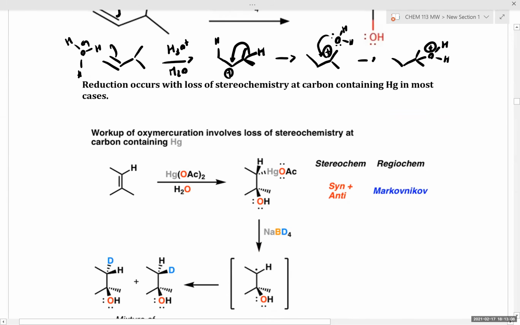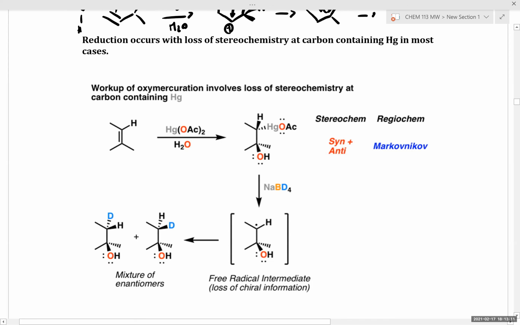Okay, so to answer the question of why do we get a racemate during the reduction step? Generally when you reduce this alkyl mercury, we see a loss of stereochemistry at the carbon containing your mercury atom. That is because you're typically going through a radical intermediate, and this radical intermediate can be approached from either face and can be engaged with on either face. And as a result, we would get a mixture of incorporation of our hydrogen atom at either of our two faces.